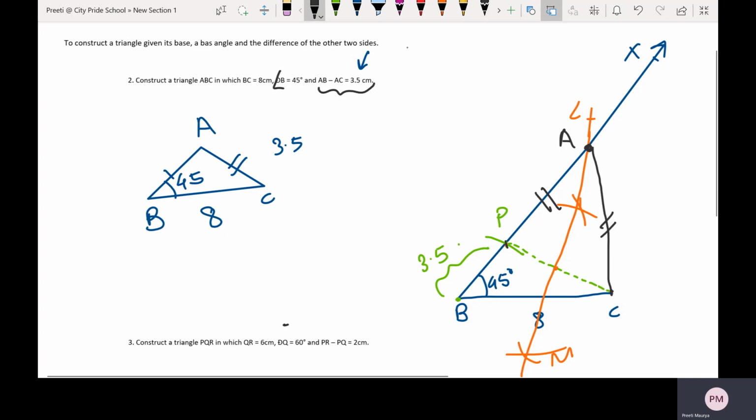So children, we have obtained a triangle PAC in which PA is equal to AC.